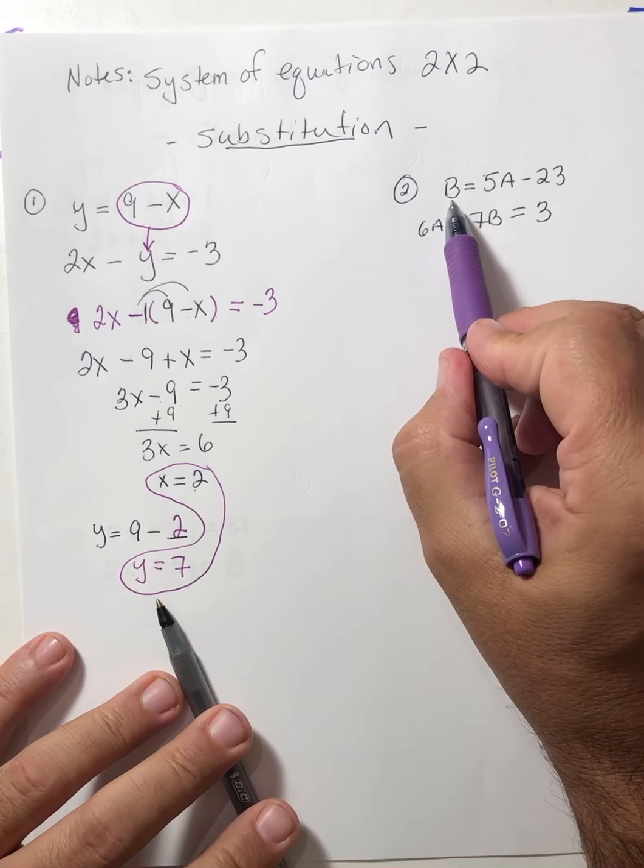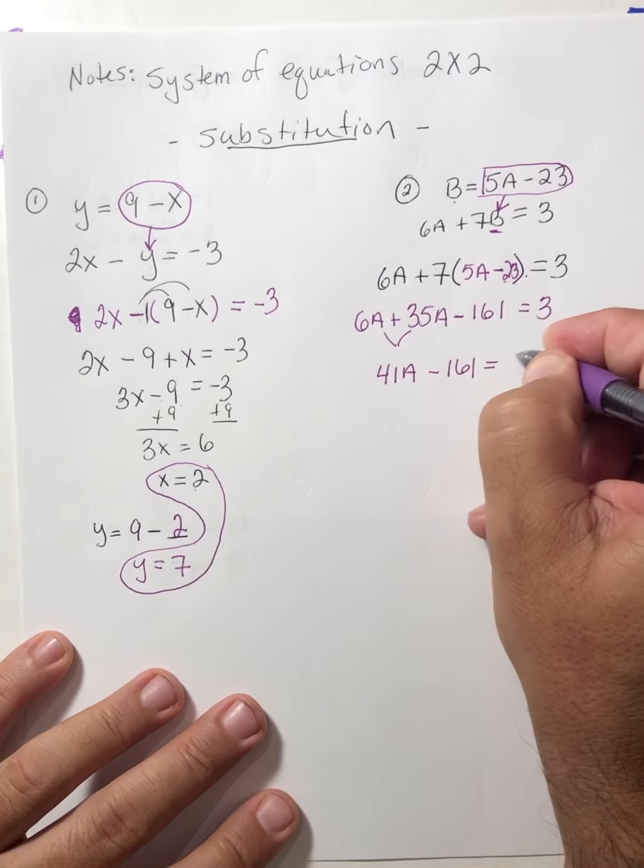Now it's just a matter of doing our work. I have to distribute the 7. So I got 6a plus 35a minus 161 equals 3. 7 times 23, type that into your calculator. Now I'm going to combine those. So I have 41a minus 161 equals 3.